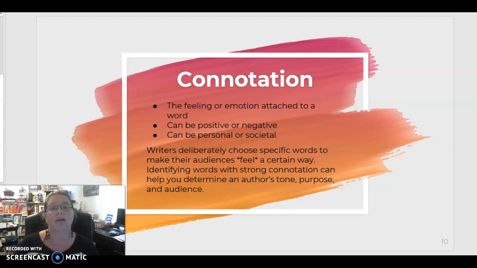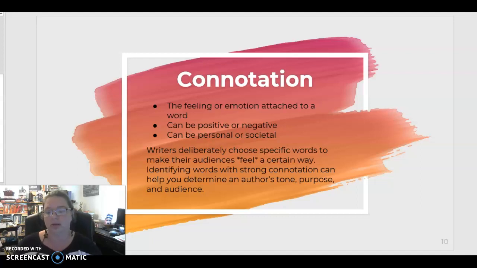But often connotation is societal. If we say something is exciting, that's typically positive. Whereas if we say something is shocking, that's typically pretty negative. Even though exciting and shocking kind of denotatively mean similar things, they have very different feelings.